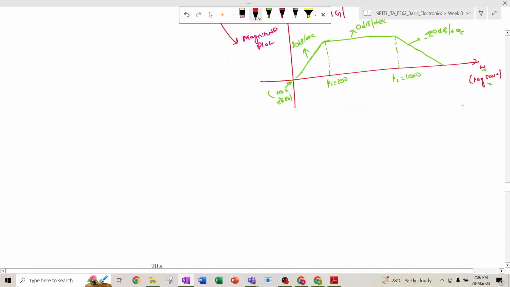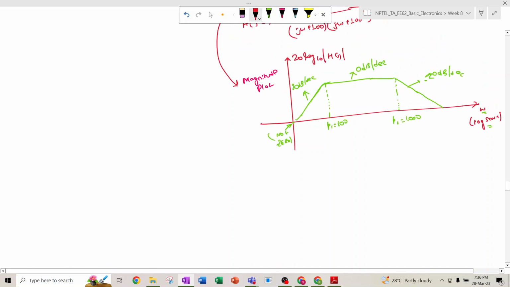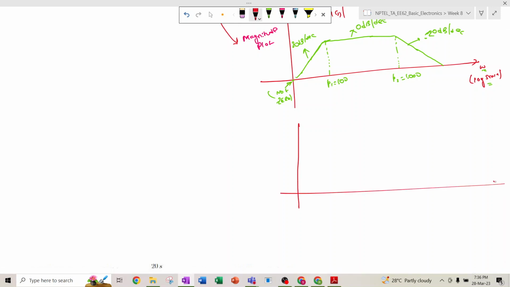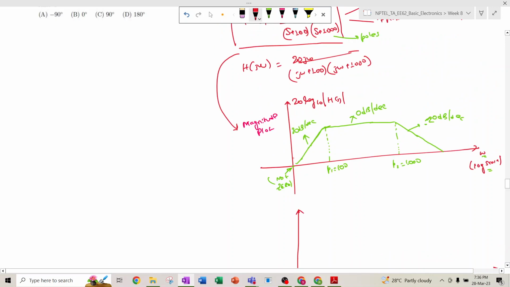Now what will the phase plot be? Omega is also on a log scale, and the vertical axis is the angle of H(s).